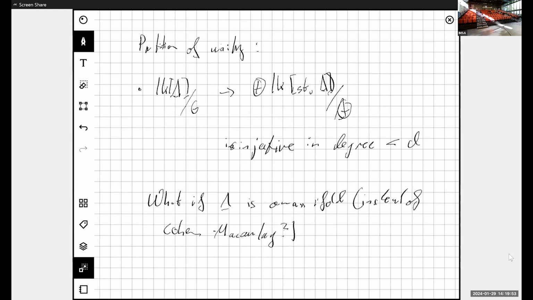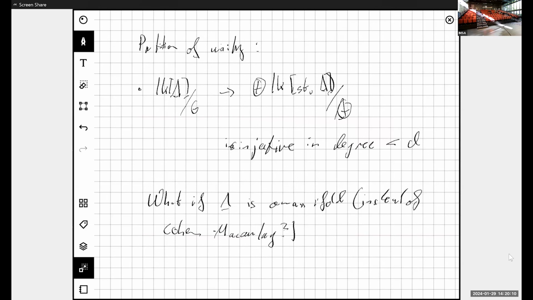So what is a manifold? In particular, a manifold is kind of locally Cohen-Macaulay, right? The neighborhood of every vertex is the disk, and disks are Cohen-Macaulay, right? They're topologically Cohen-Macaulay, and as we saw now, they are also algebraically Cohen-Macaulay.